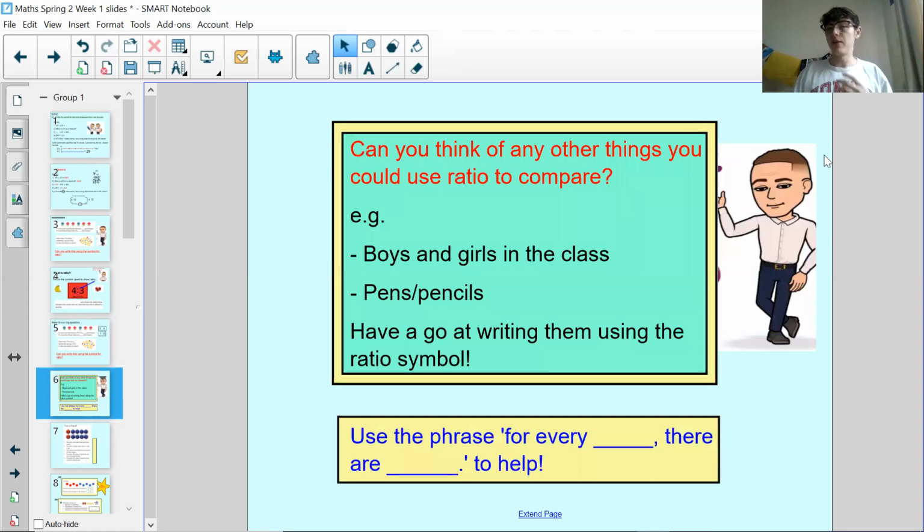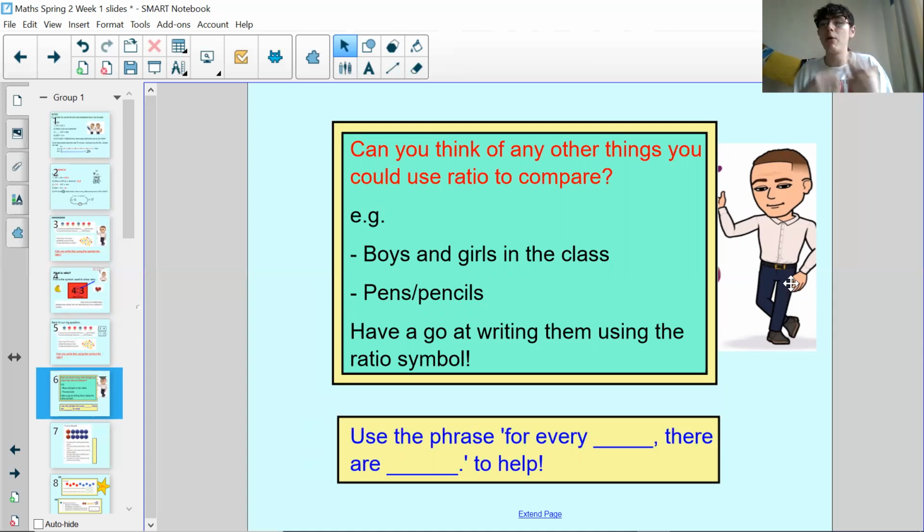So can you think of any other things that you could use ratio to compare? A couple of examples could be boys and girls in the class. So for how many boys are there an amount of girls, or how many girls are there an amount of boys? Pens and pencils. I could have for every 5 pencils, I have 1 pen. Okay, so have a go at writing them, perhaps.